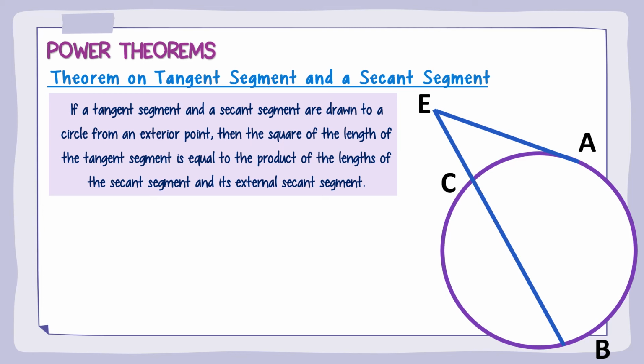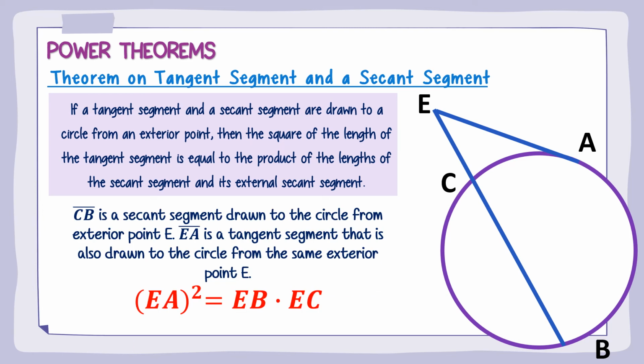So again, if we have tangent EA and secant segment CB at external secant EC, so according to this theorem, tangent squared, yan, kaya EA squared is equal to isang buo times nasa labas. Isang buo times nasa labas. Again, kapag tangent, we have tangent squared. Naka-squared, ano? So, EA squared is equal to EB times EC.